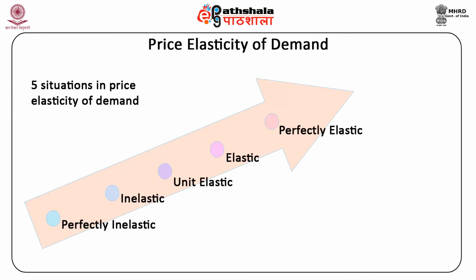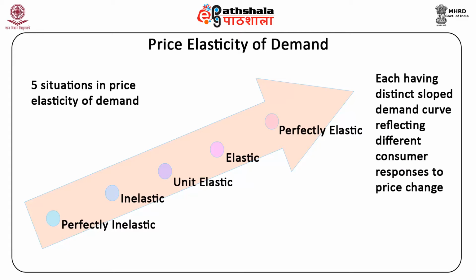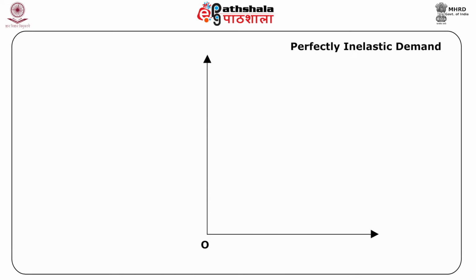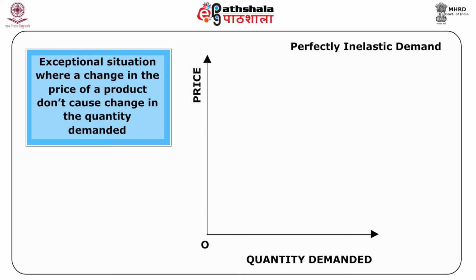There can be 5 possible situations while measuring price elasticity of demand, each of which has a distinctly sloped demand curve and reflects different consumer responses to a change in price. We shall discuss each of these demand curves. Perfectly inelastic demand. It is an exceptional situation where a change in the price of a product does not cause any change in the quantity demanded.